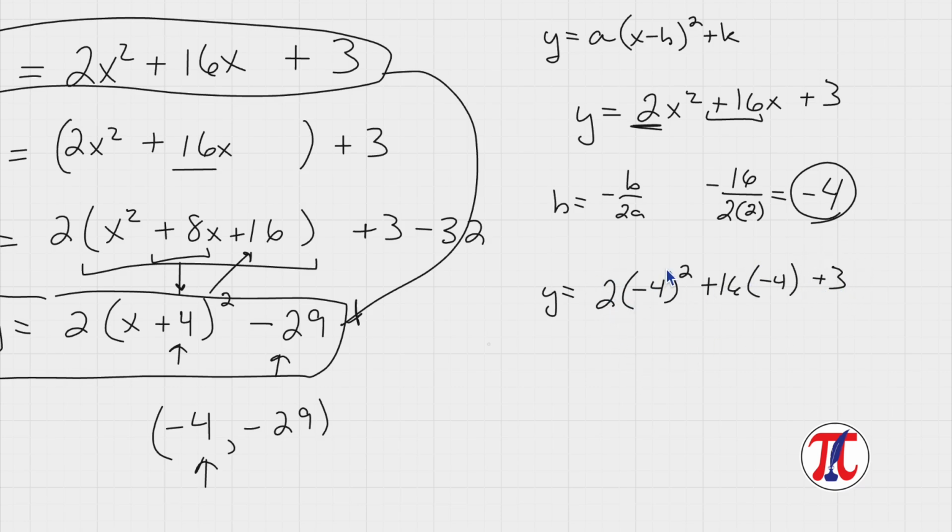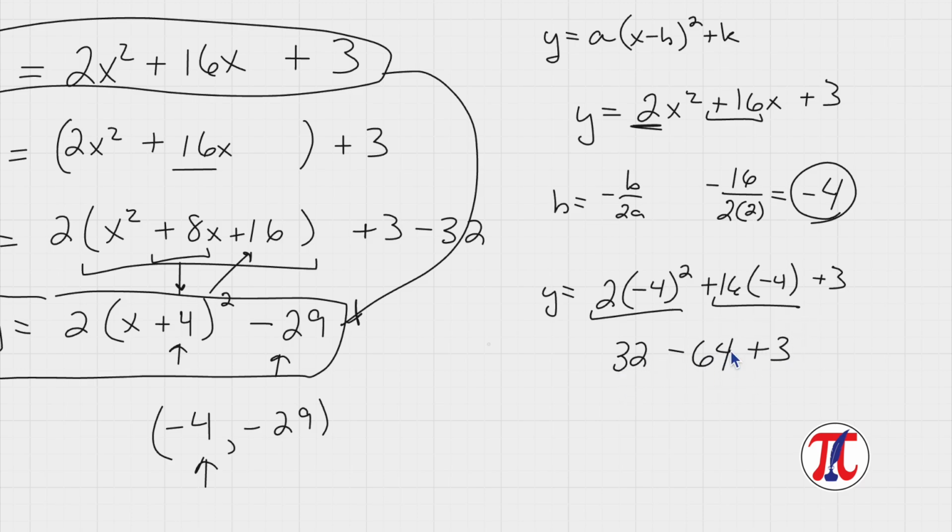Order of operations, I do the exponent first. Negative 4 squared is negative 4 times negative 4, which is 16. And then I multiply that by 2, and I get 32. 16 times negative 4, you might not know that off the top of your head, but it is negative 64. And I have my plus 3.